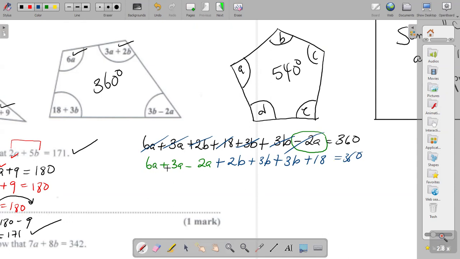So I got 6a plus 3a minus 2a. Answer from everybody. How much a's I got left?